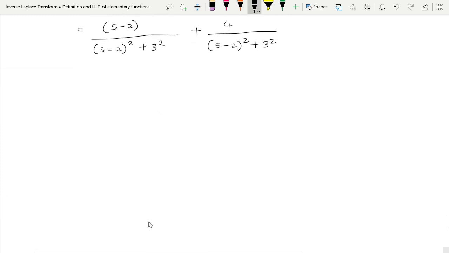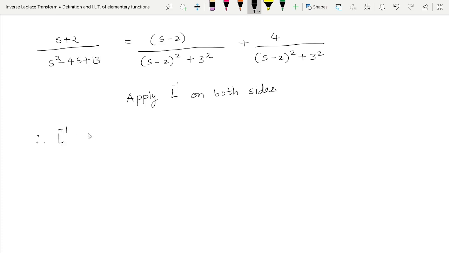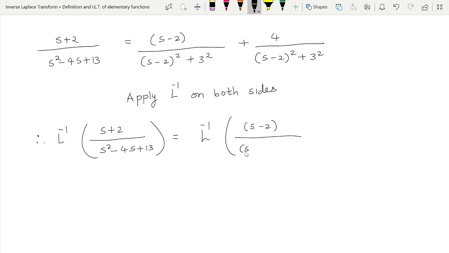So I will say now apply, therefore L inverse of s plus 2 upon s square minus 4s plus 13 is equal to L inverse of s minus 2 upon s minus 2 whole square plus 3 square plus that 4 can be taken out, L inverse of 1 upon s minus 2 whole square plus 3 square, which is equal to.